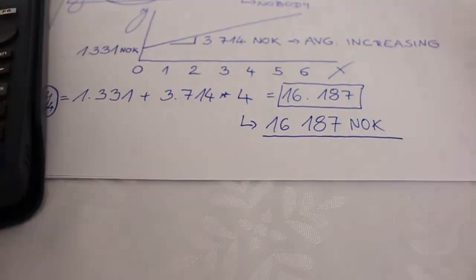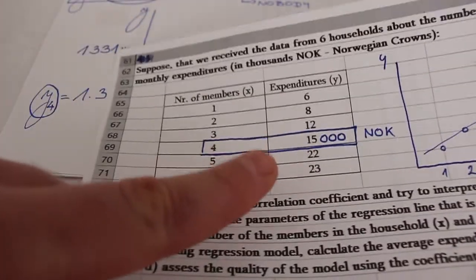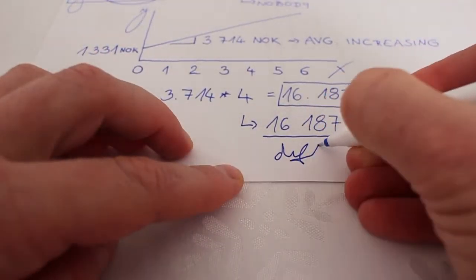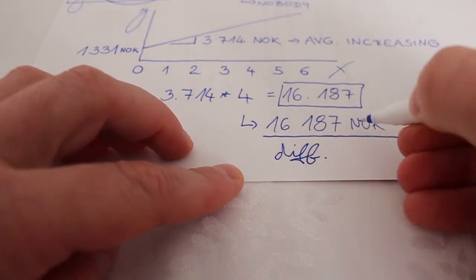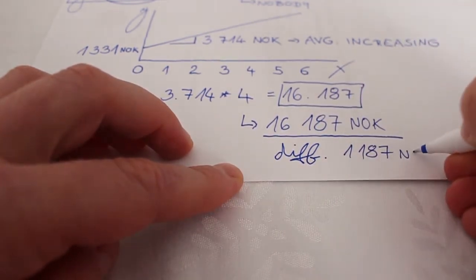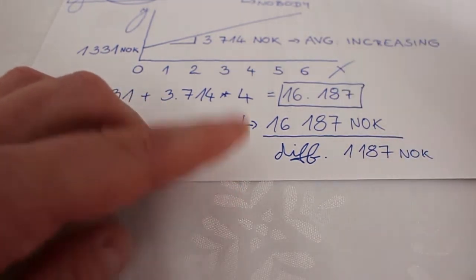You can see that there is a difference, 1,187 Norwegian crowns, between my expectation and reality.